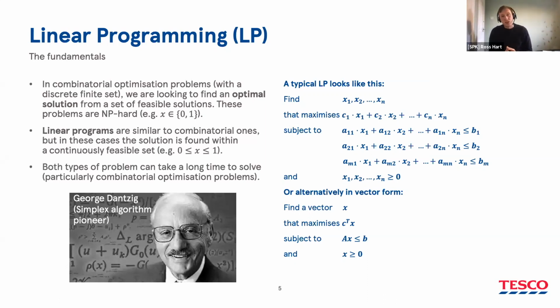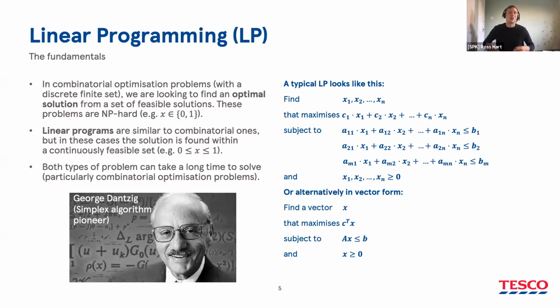But actually, what's quite interesting about these optimization problems is that they are really well studied, and solutions to these problems, in particular the one I'm going to talk about today, which is called the simplex algorithm, were developed quite a long time ago compared to most advances in data science.